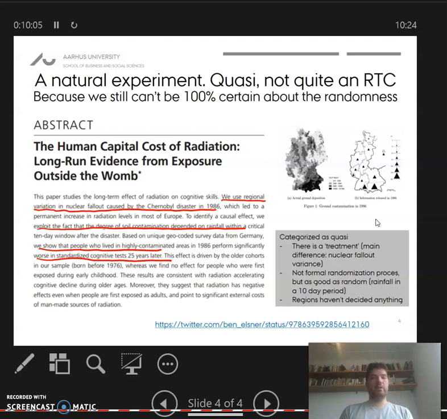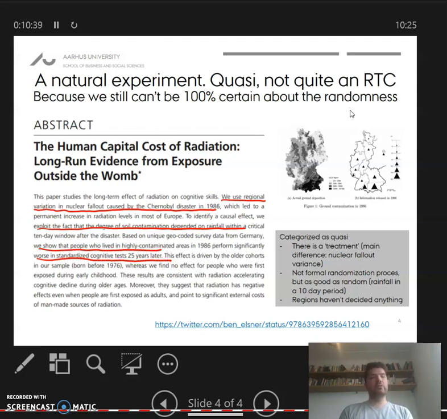The link between cognitive ability and variation in that, and whatever happened earlier in time, it does seem like we can say that the Chernobyl disaster was a key factor. The regions, the various areas in Germany, they didn't decide themselves whether they should get rainfall or not. It was an external shock. It was an external factor, which is why we can call it a natural experiment.